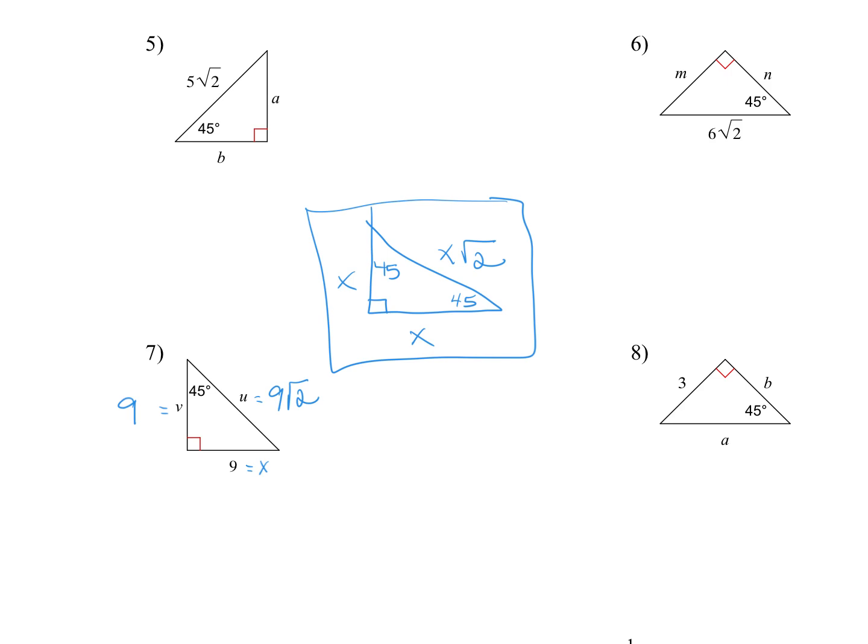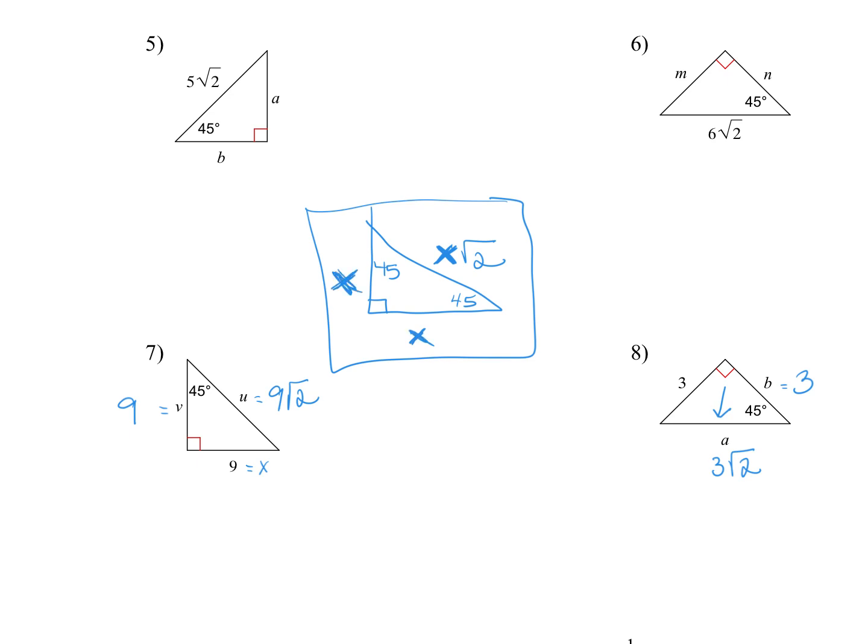For number 8, you'll notice even though the triangle is turned, this is the hypotenuse across from the right angle. So that means this is equal to 3, and this is equal to 3 times the square root of 2. The whole idea behind this is that this is kind of like a shortcut.